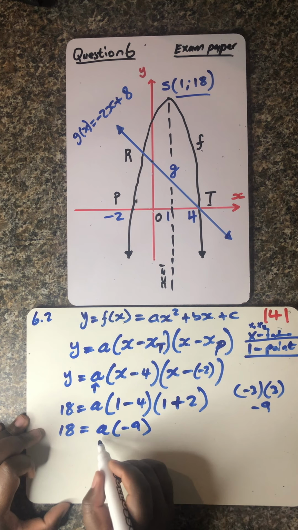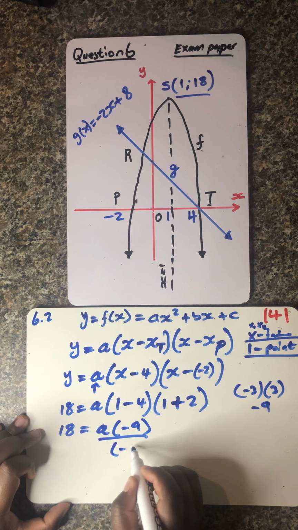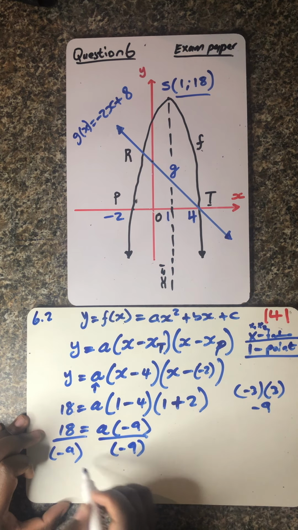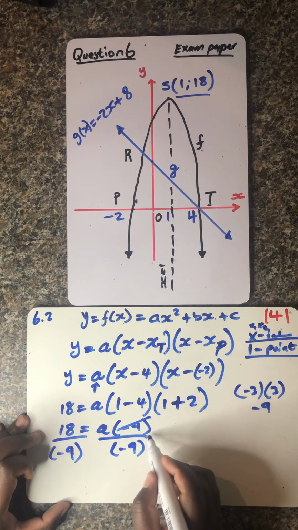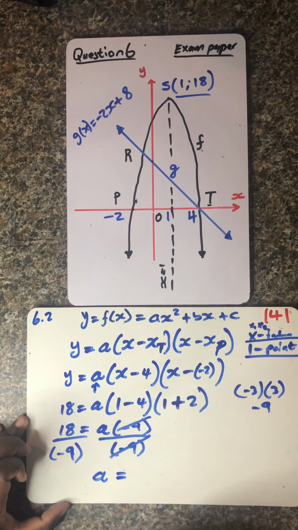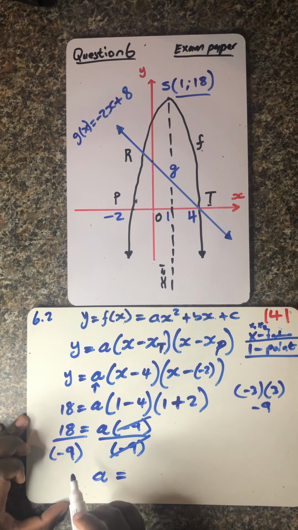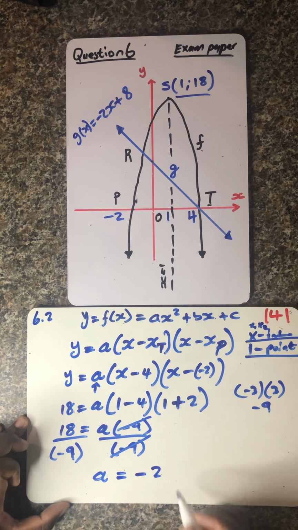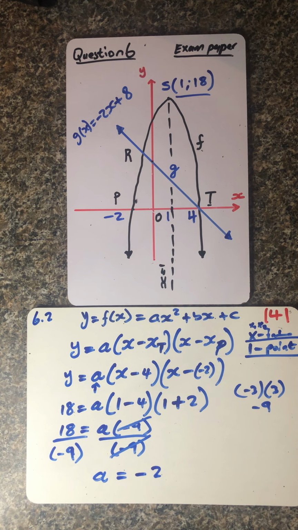You can divide by -9 on both sides, so it cancels and you remain with a equal to 18 divided by 9, which is 2. Remember that minus over there. That means our a is -2. So now that our a is -2, our a is -2.